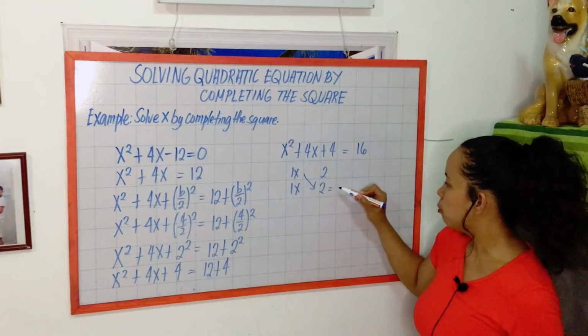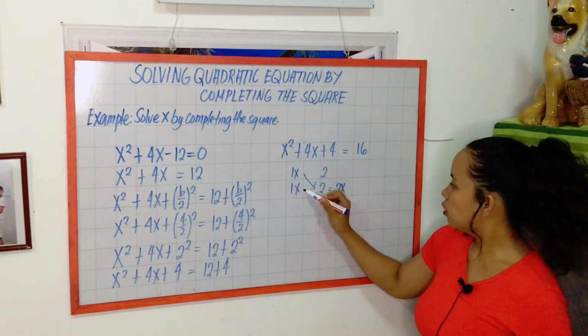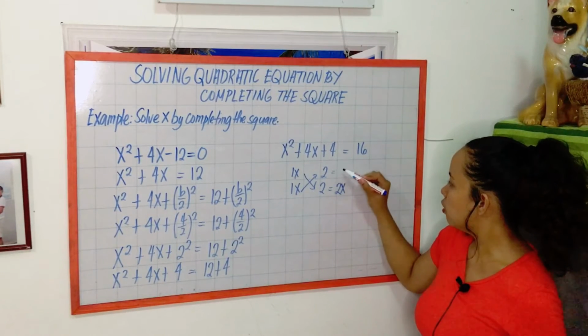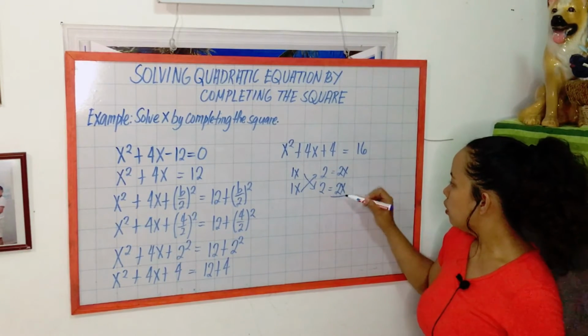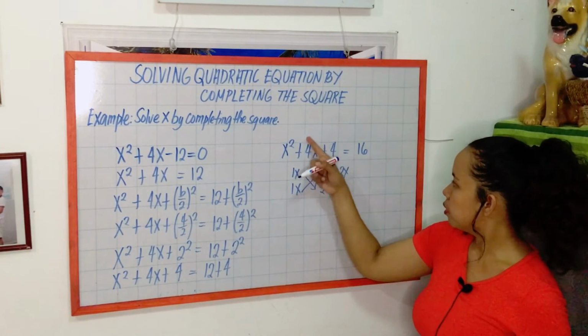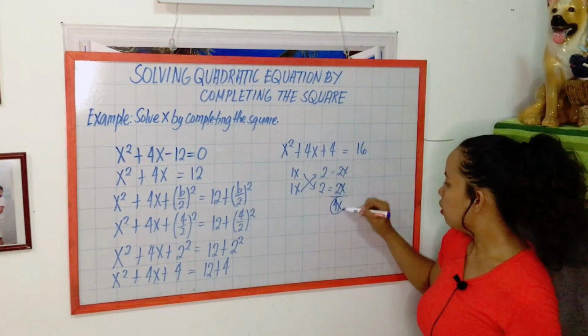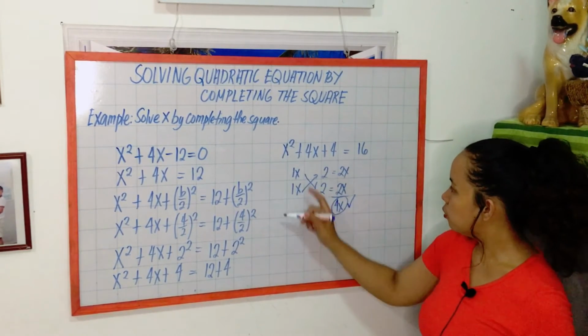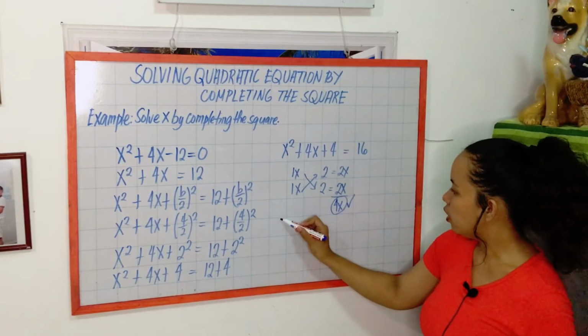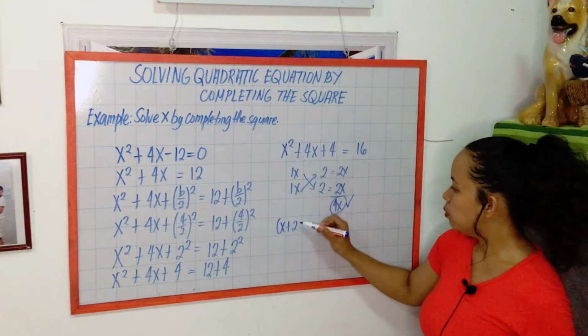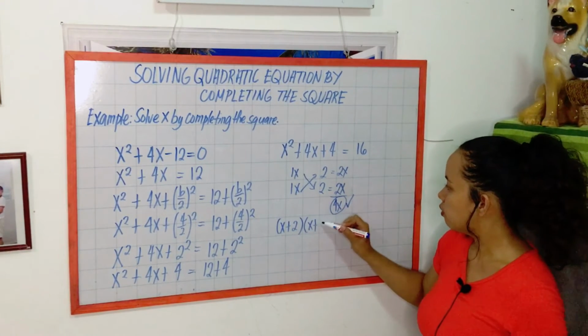This will be 2x, and cross-multiply natin, this will also be 2x. Kung i-add natin itong dalawa, dapat equal siya sa middle term. So, 2x plus 2x is 4x. Therefore, ang factors ng ating equation ay x plus 2 and x plus 2.